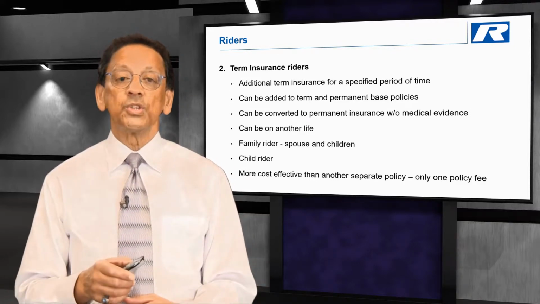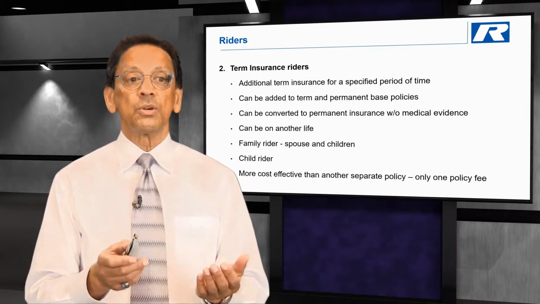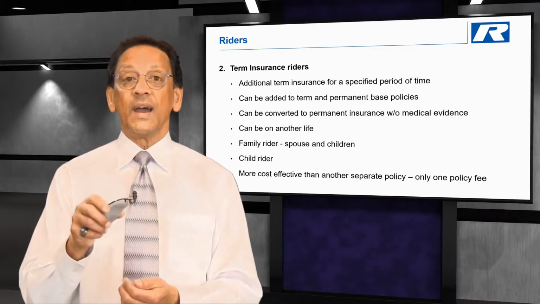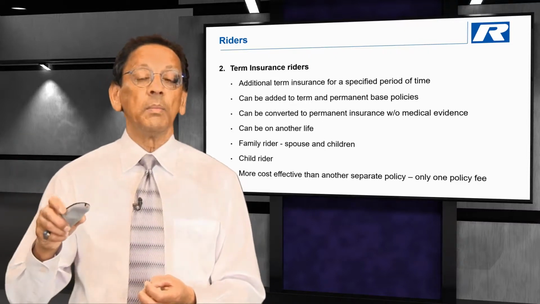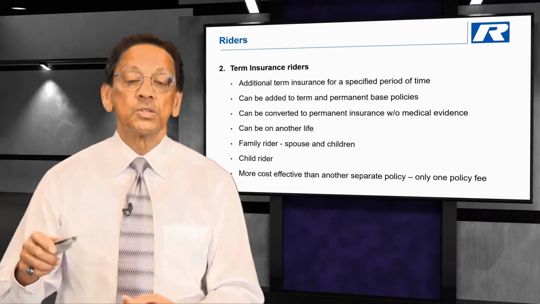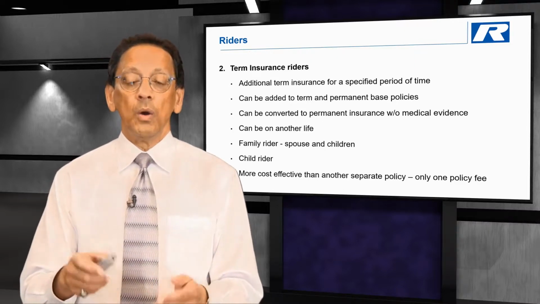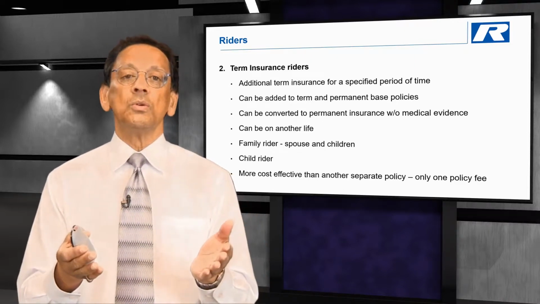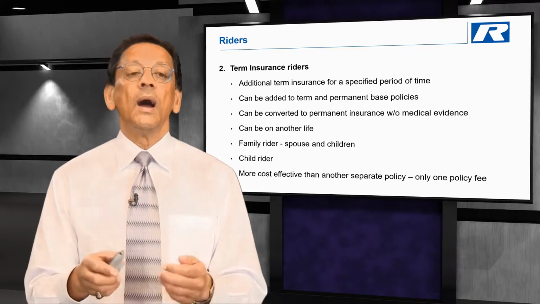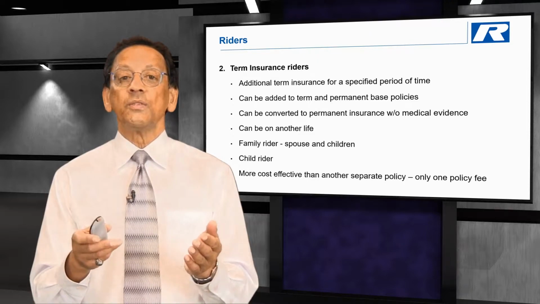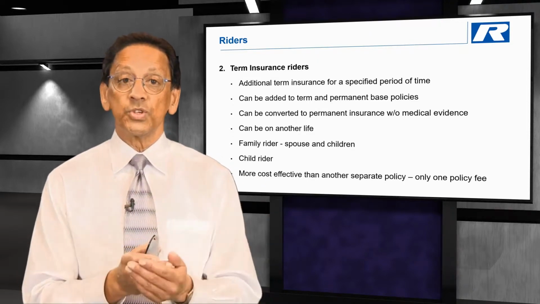That rider that you added, because it's term in nature, you still also have the flexibility of converting that rider at some point in time to a permanent plan. So for example, someone who has limited cash flow, only has X number of dollars to purchase insurance, let's say they needed $200,000 of insurance. They could in fact buy $200,000 of term insurance.